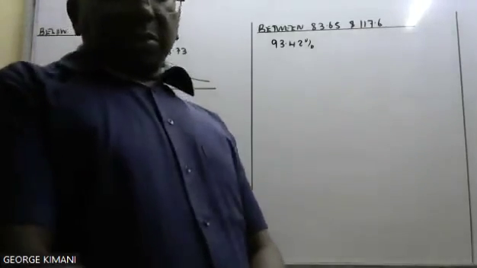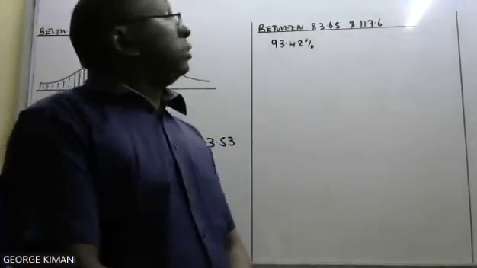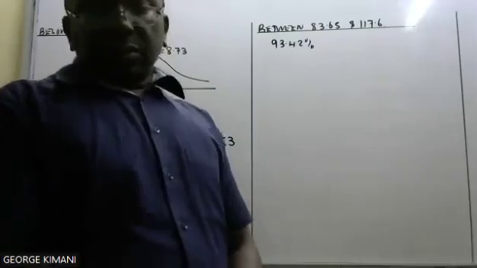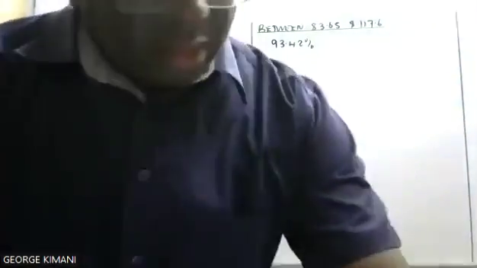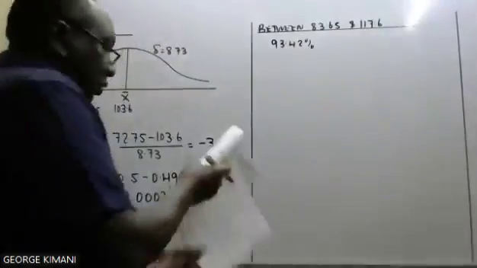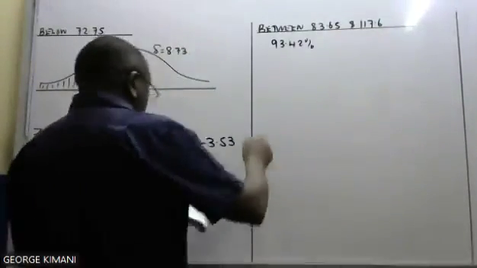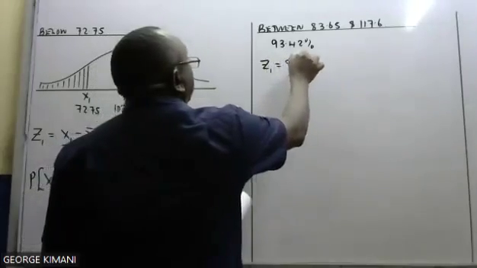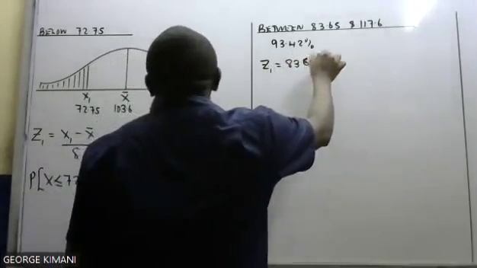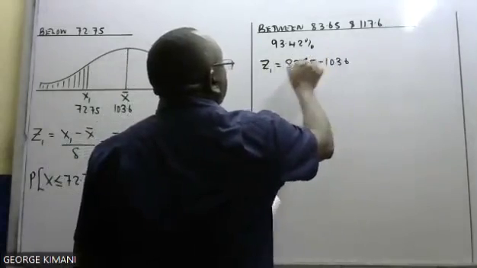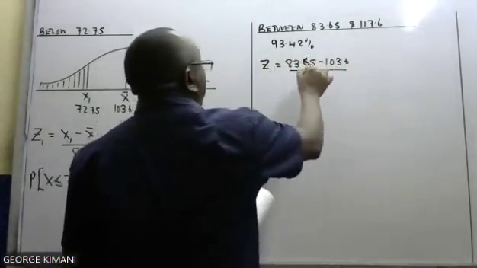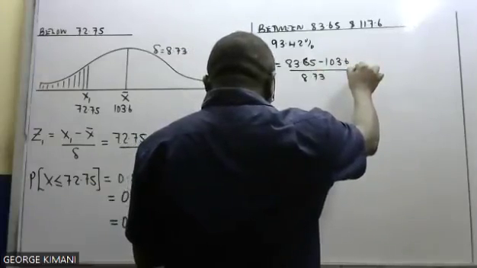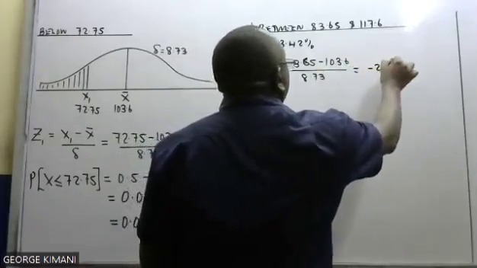I'm waiting for your response, yes or no. Okay. Check whether you got a Z1 as 83.65 minus 103.6, you divide by 8.73, and you should have gotten negative 2.29.